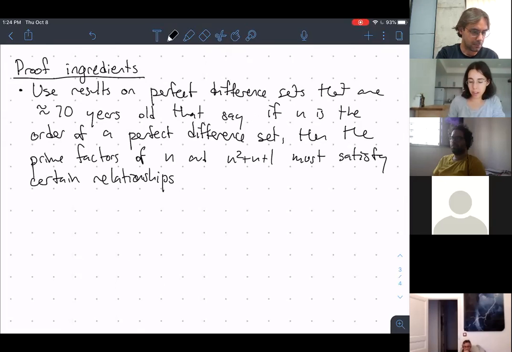And so once you apply these results, this turns the problem of bounding the number of non-prime power orders of perfect difference sets into a problem in analytic number theory.